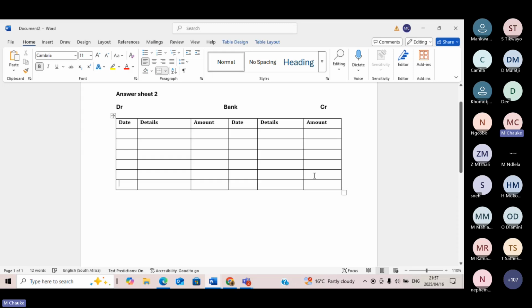It must have its own debit and credit, right? The only thing I did not involve there is the folio. I don't think you need it, but I won't include it for now.